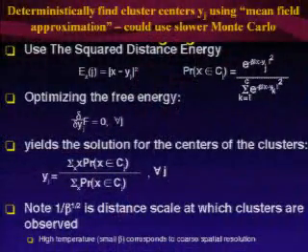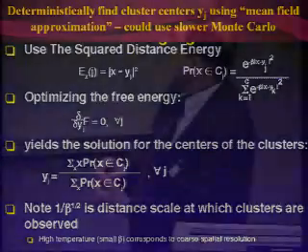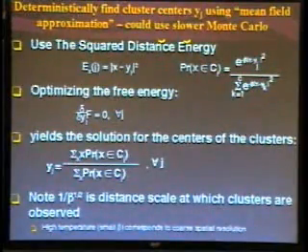It is just the sum of the squares of the distances from the points to the cluster centers. For a given distance scale, you can solve these problems, and you can find the solution for the centers as a function of the distance scale, which is the temperature.